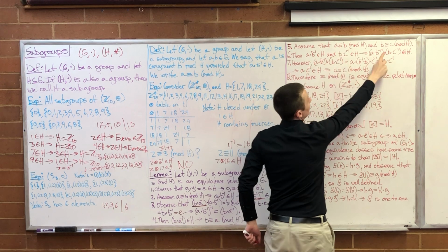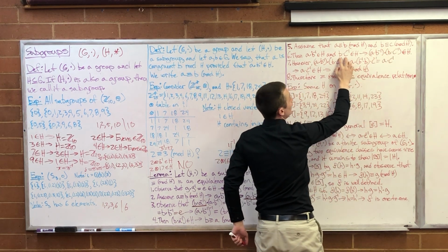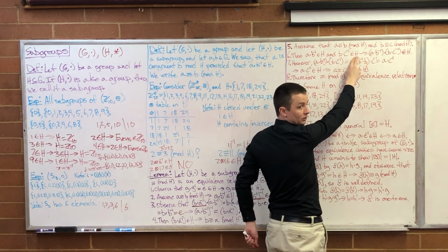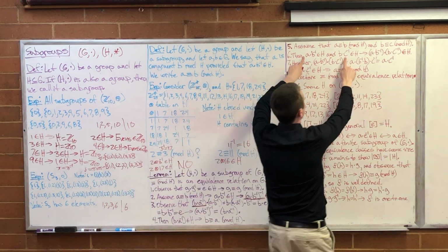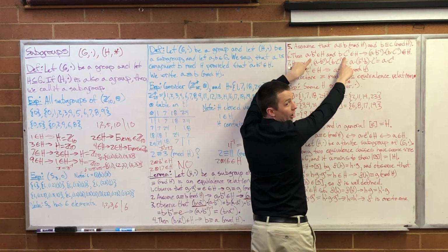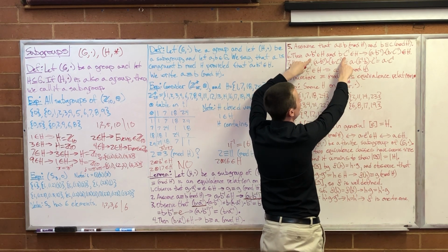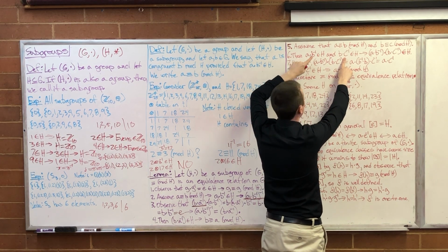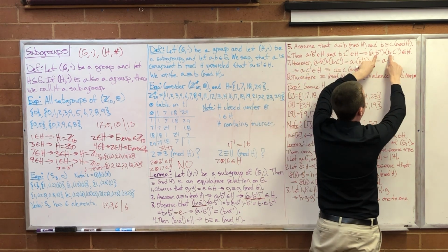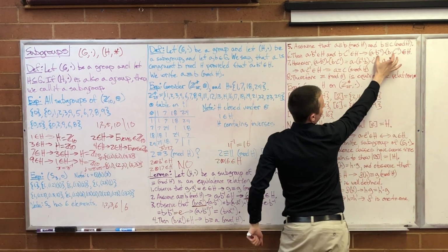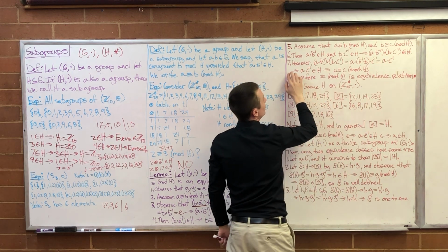And since b is congruent to c, that means b dot c inverse is in H, right? Yeah. Now H is closed, which means if I pick two elements out of there and I dot them together, I get something in there, right? So if I dot this with this, I get something in H. So that dot that has to be in H. Now just do the algebra. The b's cancel out.